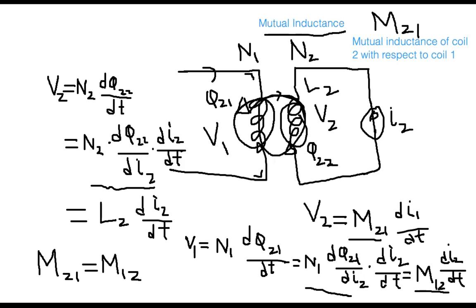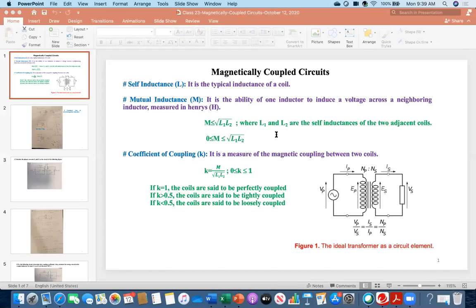So that's why in this chapter we are looking at, and I am taking you to that slide once again, magnetically coupled circuits, meaning this type of situation. And why are we learning this? Because in our power network, in our system, we have the transformer. And the transformer is one of the best examples of a magnetically coupled circuit.